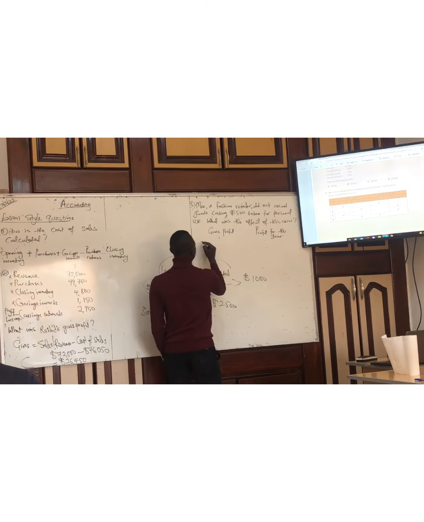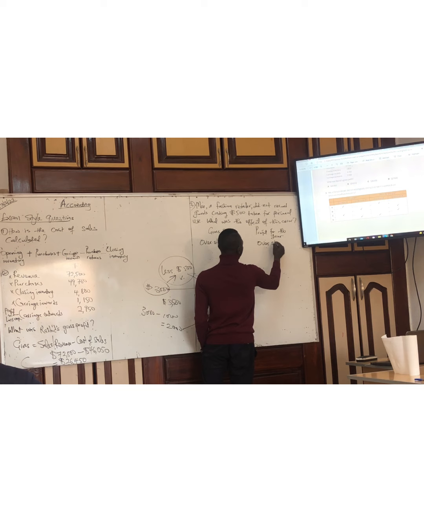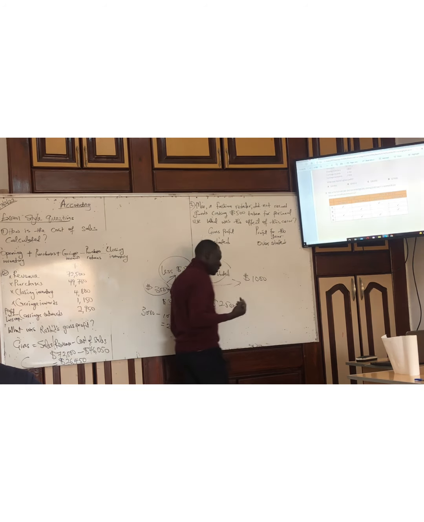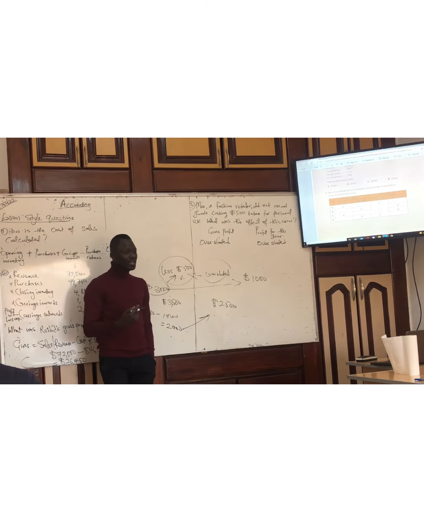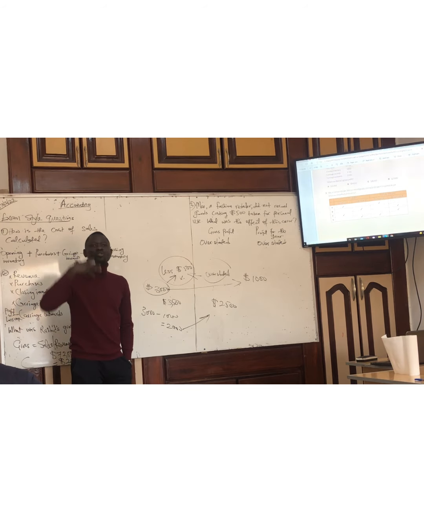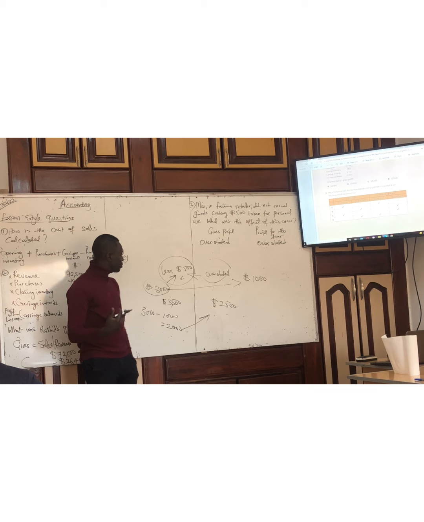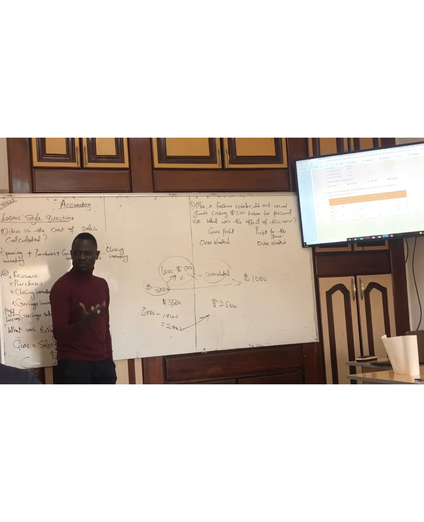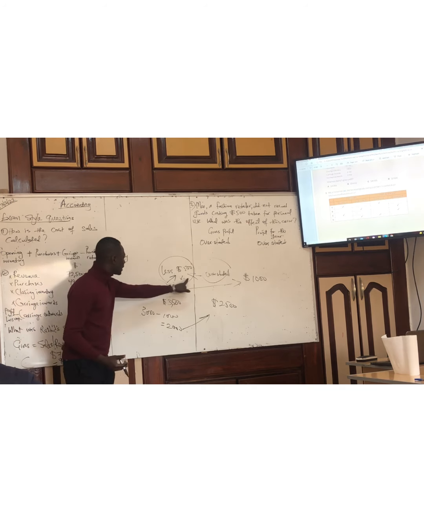So gross profit overstated, overstated. What you need to do is, whenever you have questions like this, try to bring it to reality. You got my point here? Try to come up with a realistic figure so that you'll be able to get what you need.